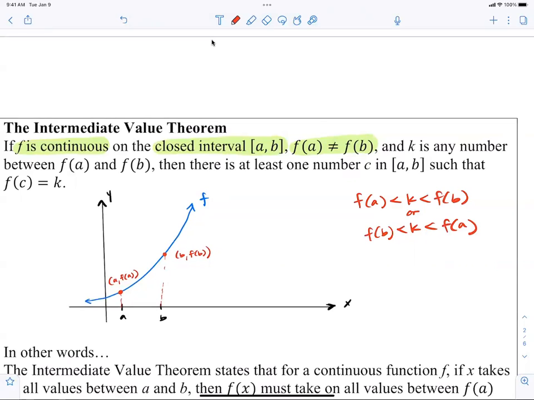And when these three conditions hold, so f is continuous on the closed interval, and the function values at the endpoints are not equal to each other, if k is between f of A and f of B, then it will be a function value on the interval from A to B. There will be a value C, at least one value C, such that f of C would be equal to whatever k is.